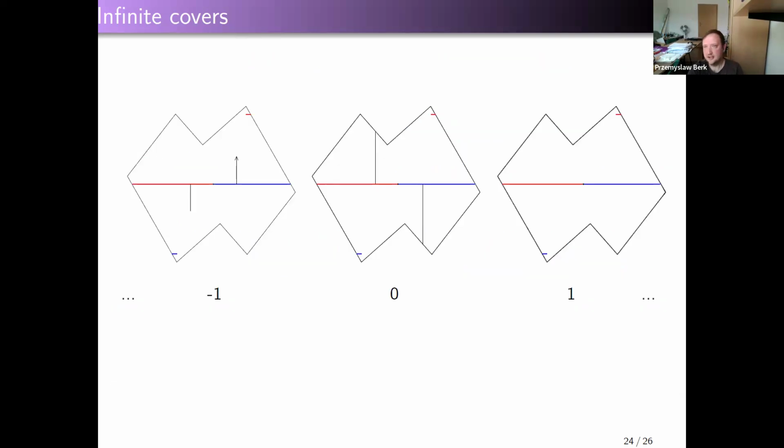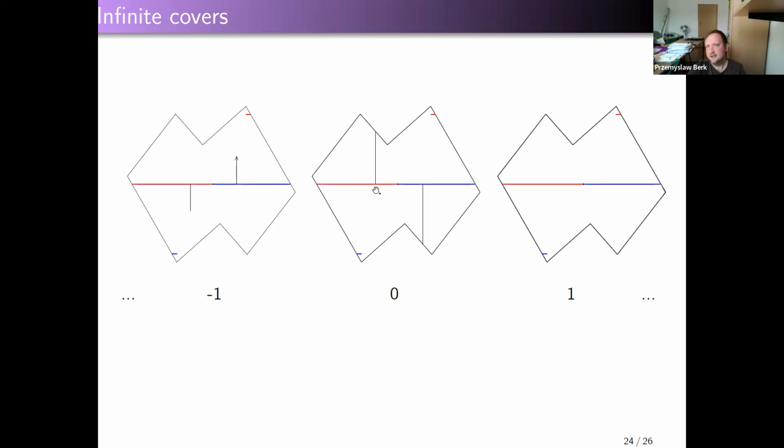Here is the picture actually. You can see my orbit starts in the copy indexed by -1. Now I'm hitting the red interval. The red interval tells me to go to the copy with the number 1 bigger. So I'm traveling to the 0th copy, because -1 + 1 is 0.